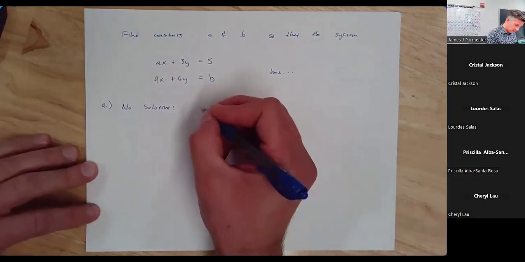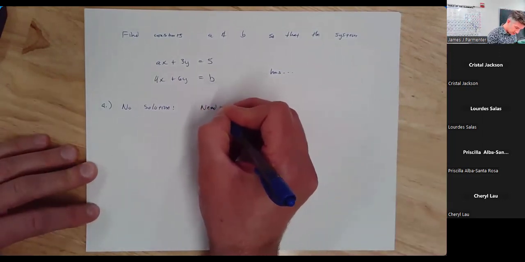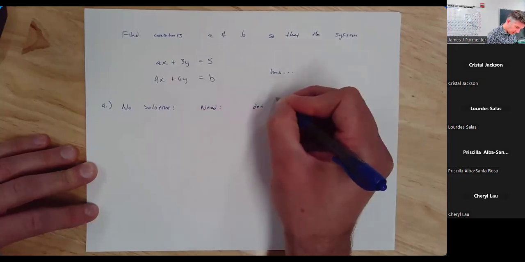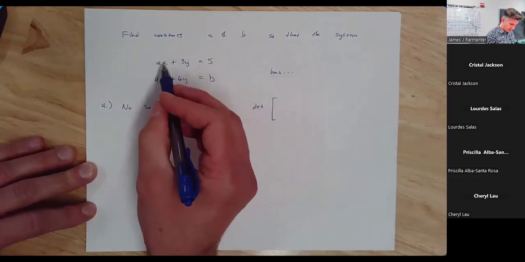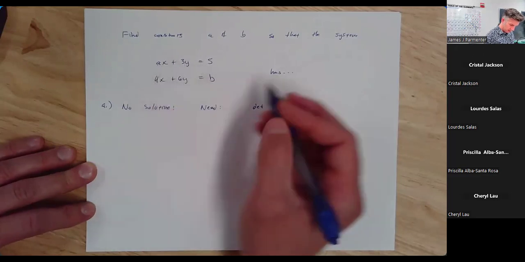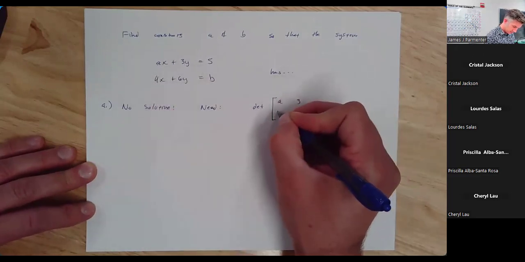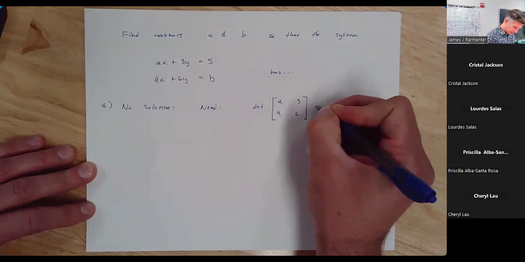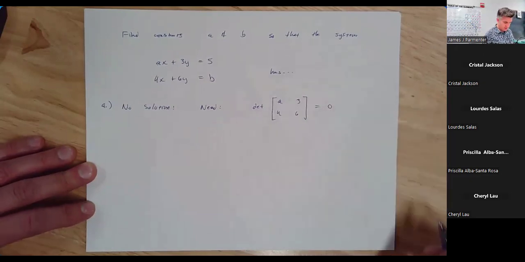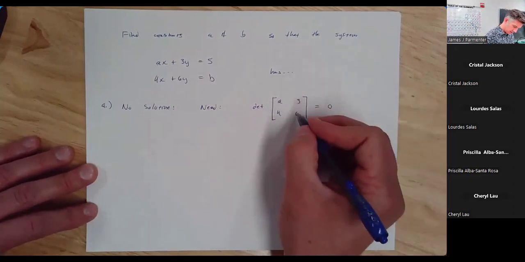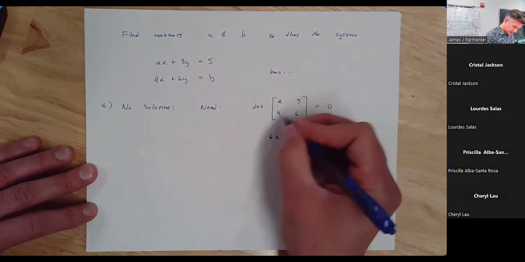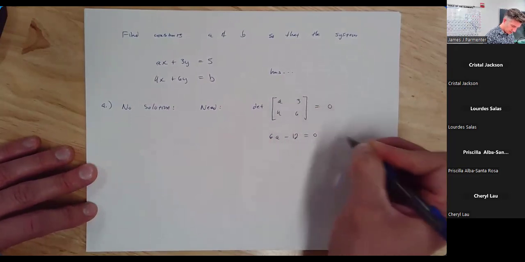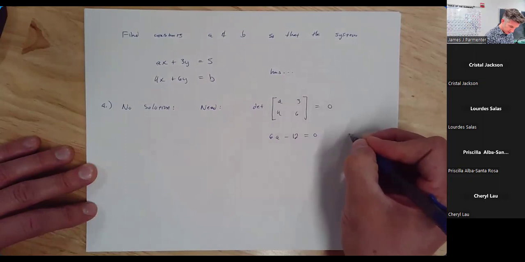So we need the determinant of the coefficient matrix A, 3, 4, 6, to equal 0. So that means we need A times 6 minus 3 times 4 equals 0. So that means we need A equal to 2.